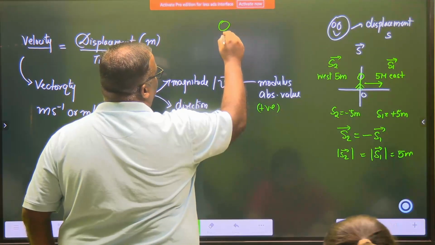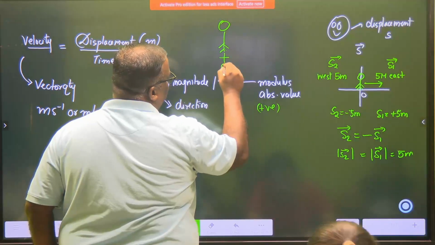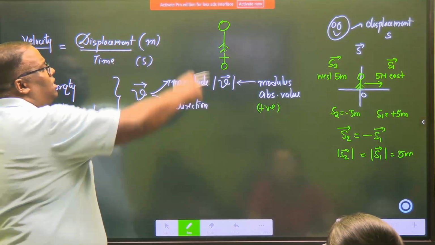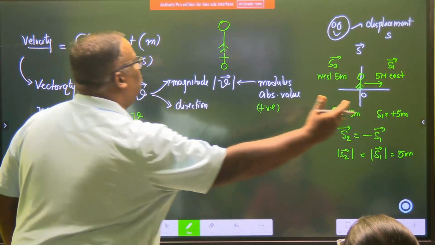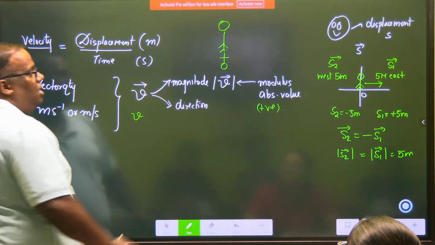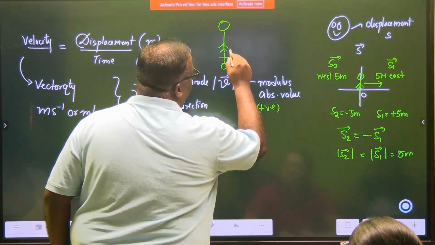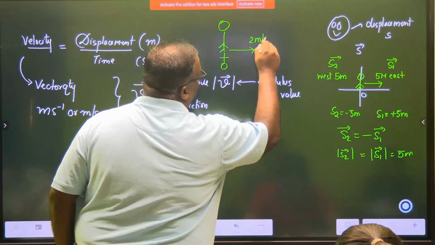The same person is right now at my reference point, and my reference point is say 0. Say this is in our apartment, our B tower. You can go to C tower also, and imagine all three towers are on the same side. If this person is moving in this direction with a velocity of say 2 meters per second.